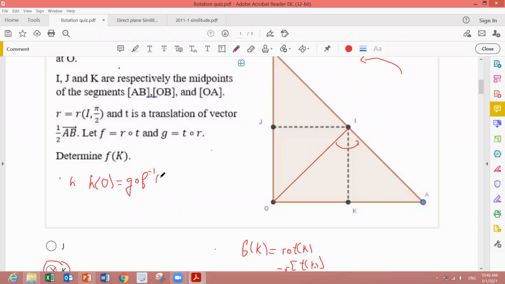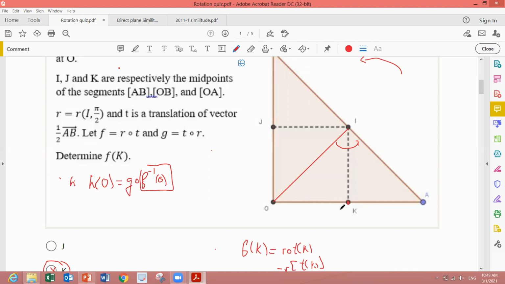What is F inverse of O? What is F, of course? F is center K. Yes. Center K and angle minus pi over 2. What does F inverse of O give? J. I need I. This is center K and angle minus pi over 2.